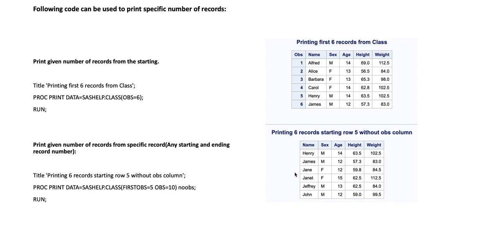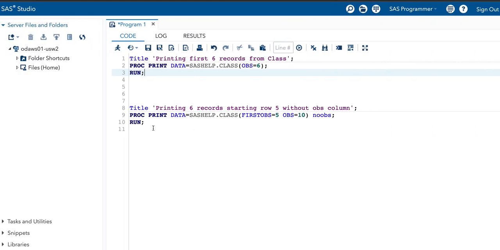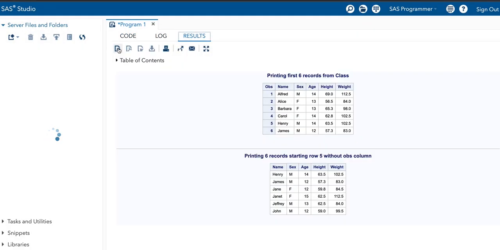Let me run this code in the SAS window. The same code is copied here. The first code starts from the first observation. The second code starts from any number of record. When we run these two codes, the result is exactly the same as the previous slide.